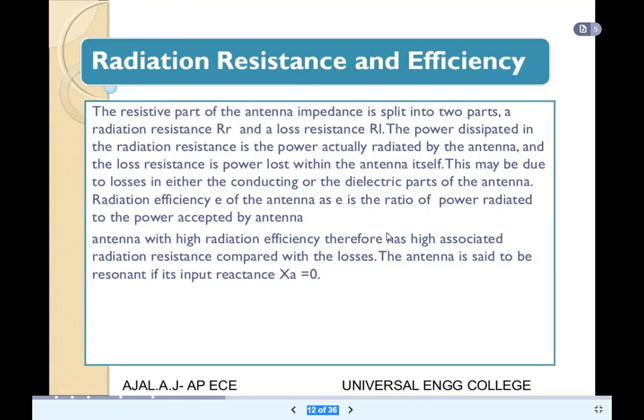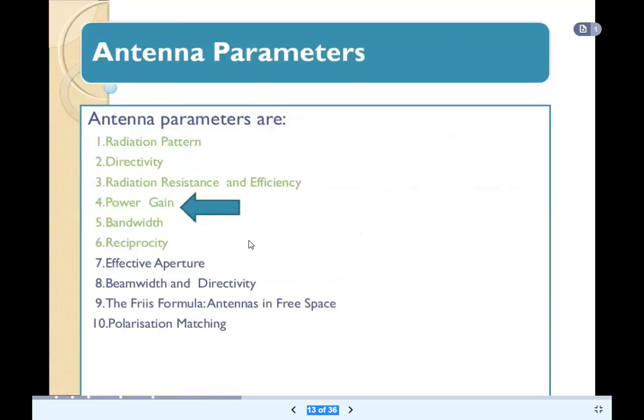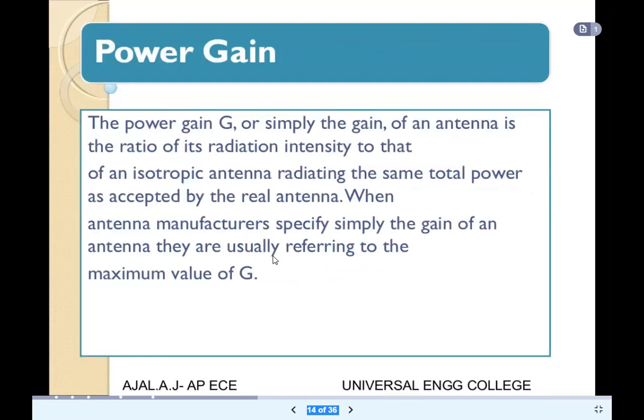High radiation efficiency means high radiation resistance compared to the losses. When the antenna has high efficiency, the radiation resistance should be high compared to the loss resistance, and the input reactance Xa is equal to 0.